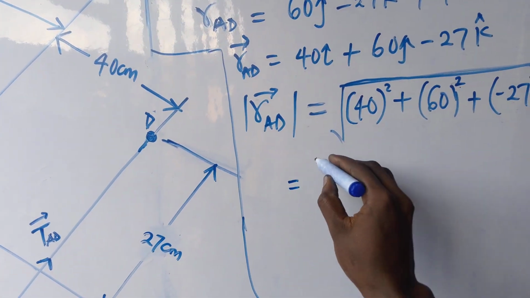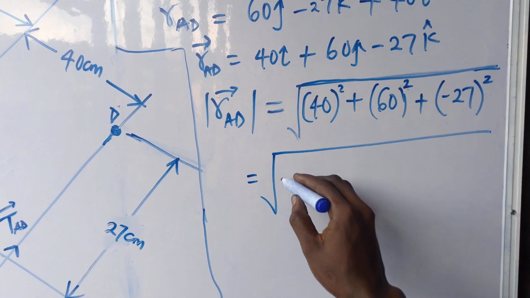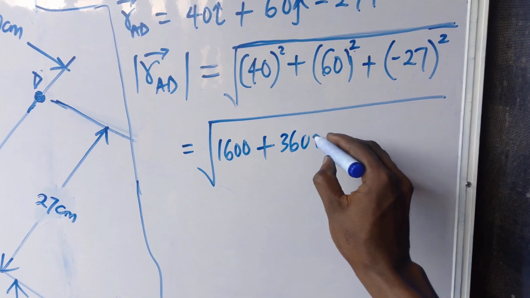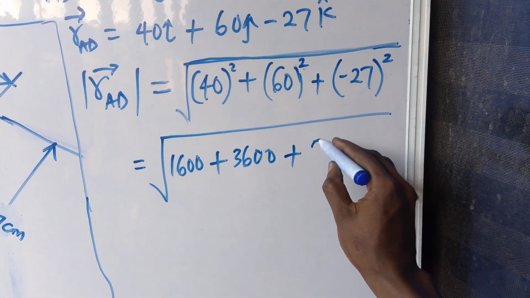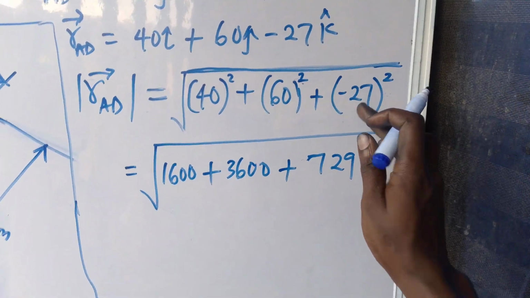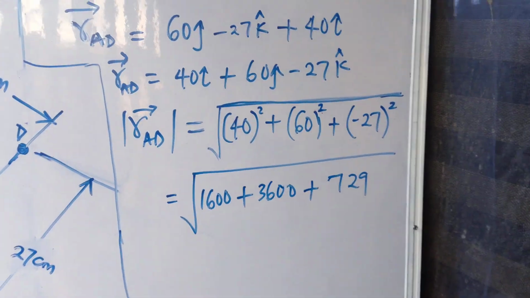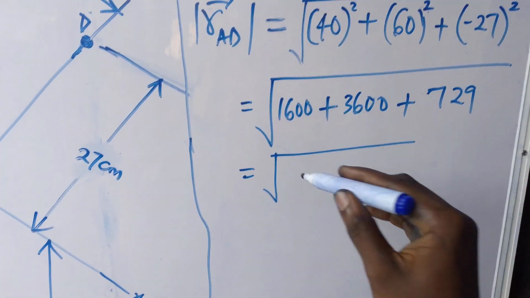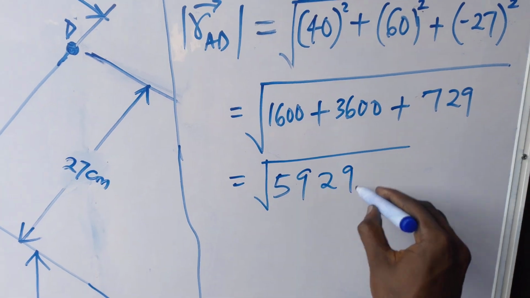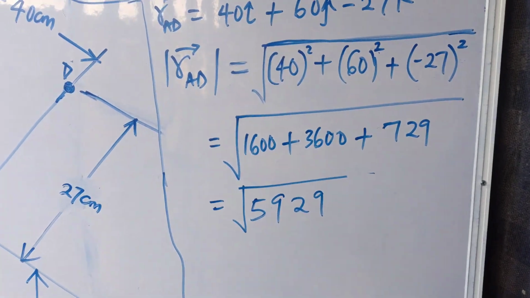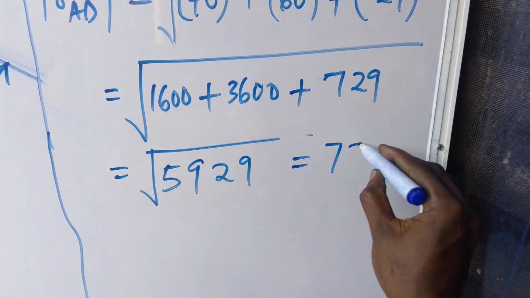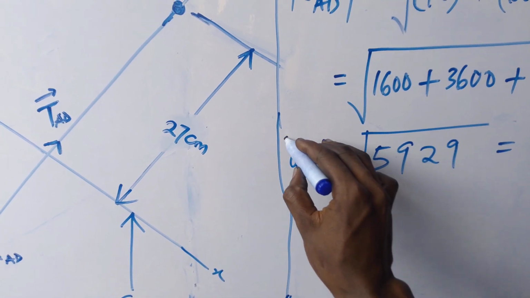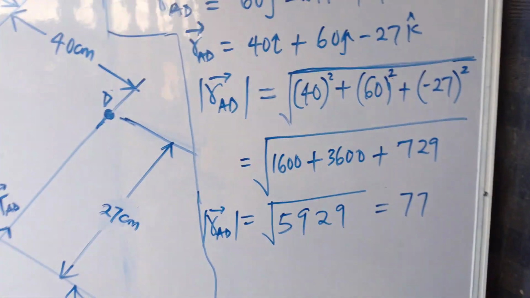So this is equal to the square root of 40 squared is 1600, 60 squared is 3600, plus 729. When I square this one, I have 729. When I add them, I have the square root of 5929, which gives me 77. This is the modulus of RAD.